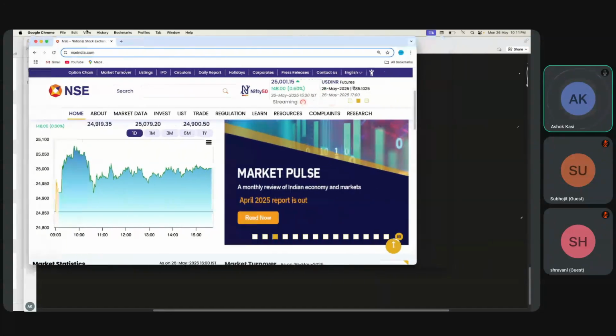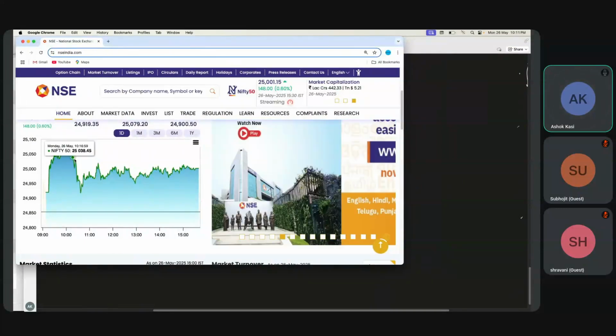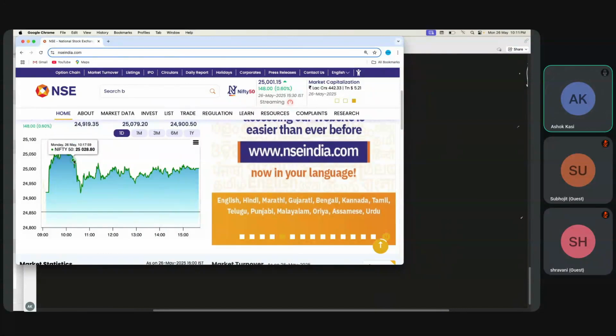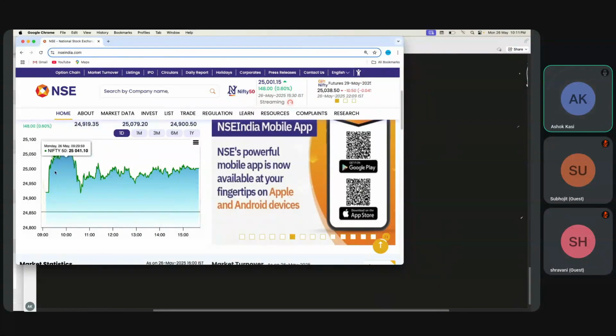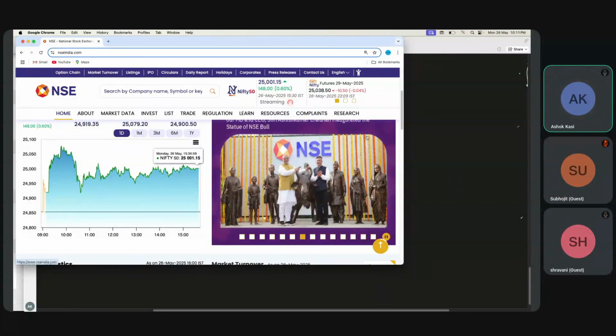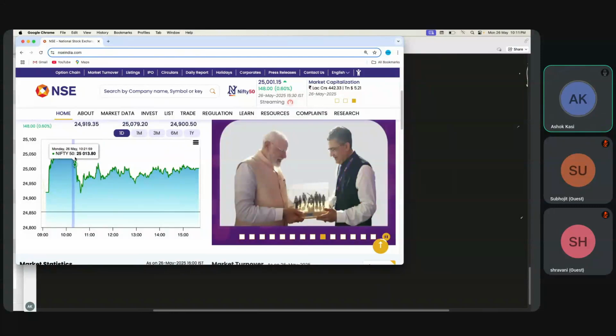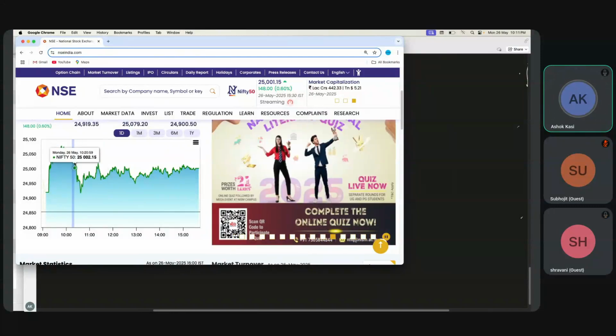This is nseindia.com. Now you see, can you see here, suddenly somebody sold heavily here? Suddenly it is forming a line, this part, somebody has sold heavily.